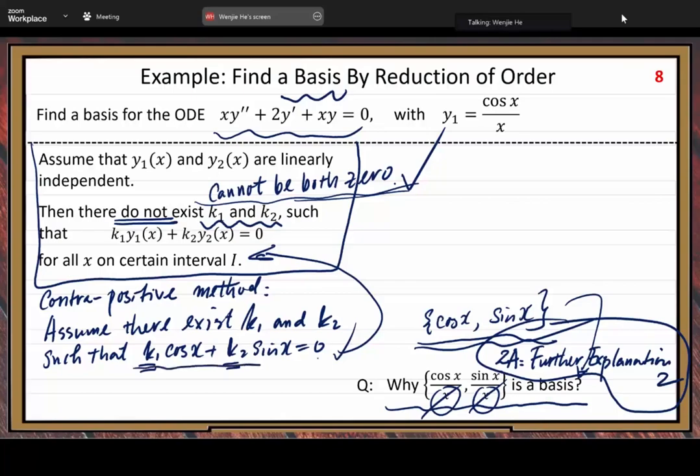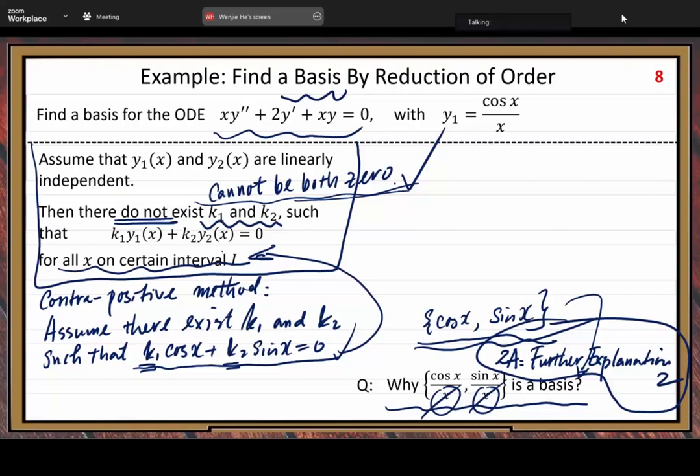So we have this equality, because it is true for all x on the interval I. Then let's take a derivative of this equality. It's also true, another equality.